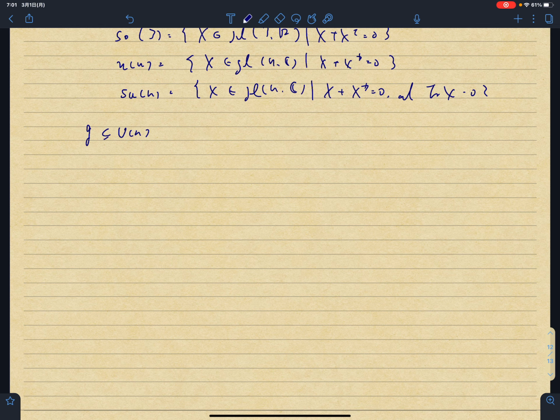For UN, the linear object UN satisfies G UN. The UN satisfies the linear algebra. I think this should be equal because of the definition.